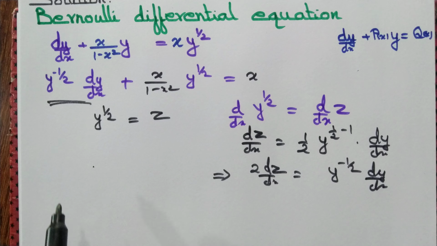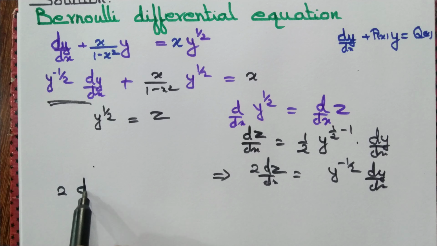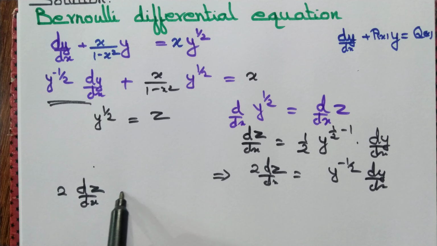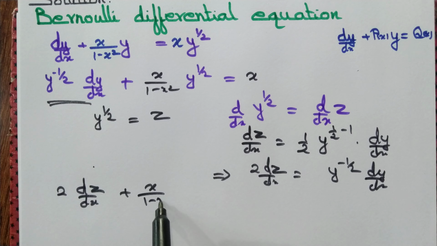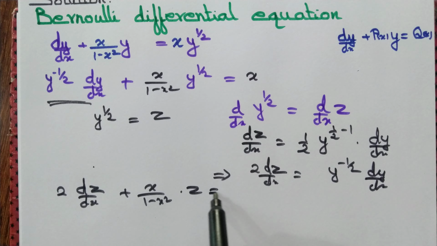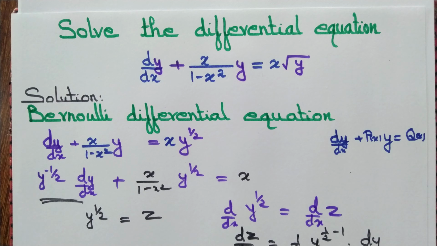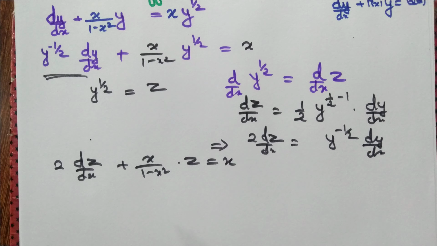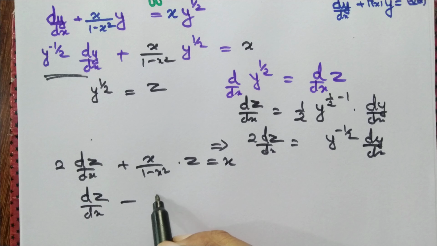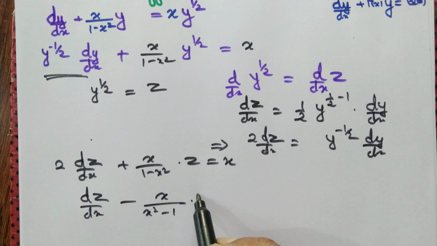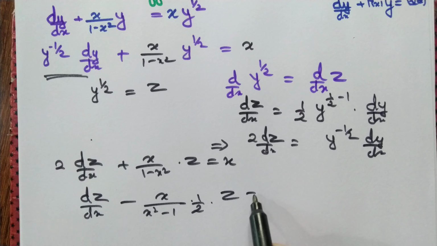And when we do so, we obtain 2 dz dx plus x by 1 minus x square z equal to x. Are we getting exactly this type? Still not. We need to divide it by 2, and when we do so, we get dz dx minus x by x square minus 1 times 1 by 2 z equal to x by 2.